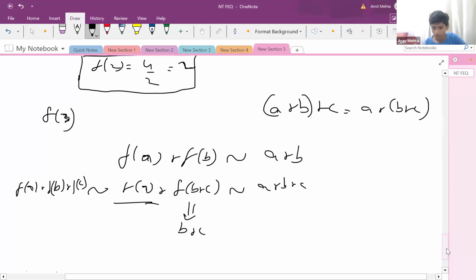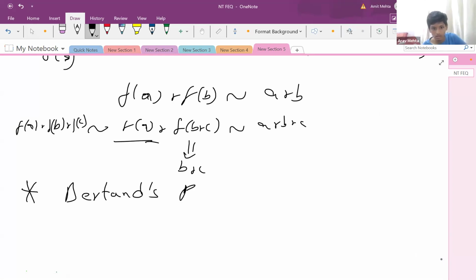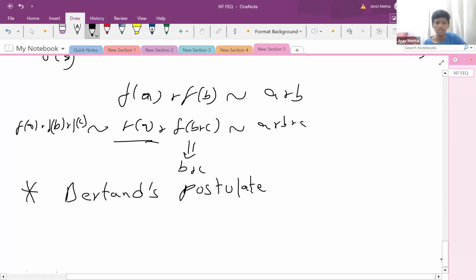Oh, also, another useful theorem called Bertrand's postulate. It's quite simple. It's just that between any n and 2n, there lies a prime.